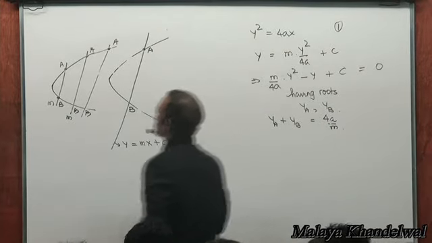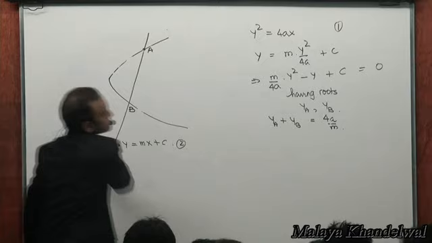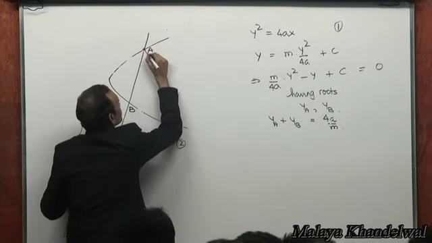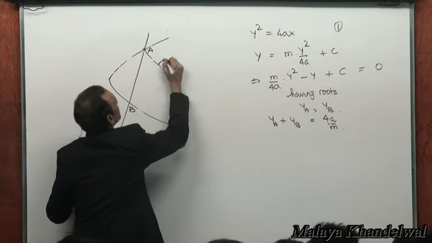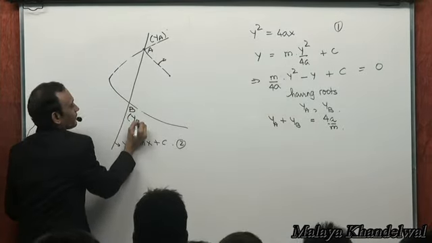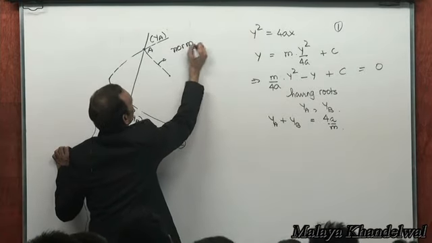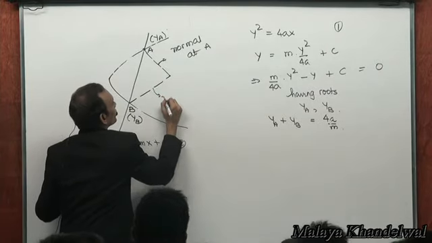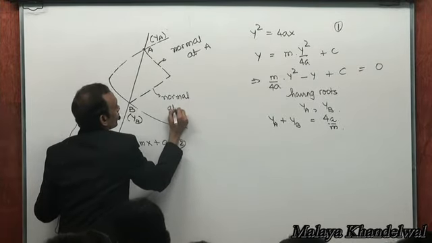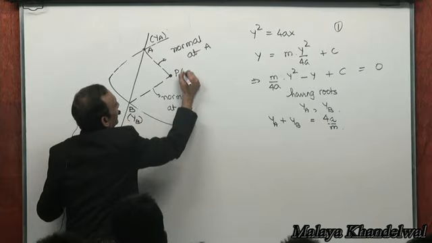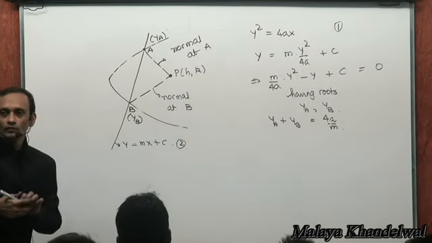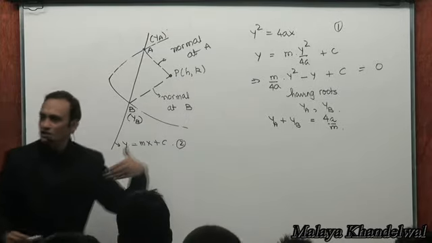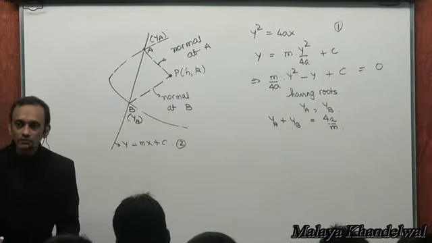And for all such chords, needless to say and easy to imagine, I could have drawn a normal at A. See, this is y of A. This is y of B. I could have drawn a normal at B. And the normals intersect at P, H comma K. I could have drawn a normal at A, a normal at B, and the normals intersect at P, which is H comma K, right? You know what I'm saying?